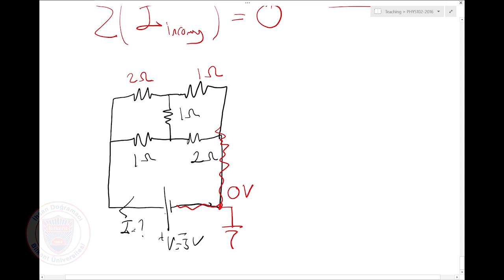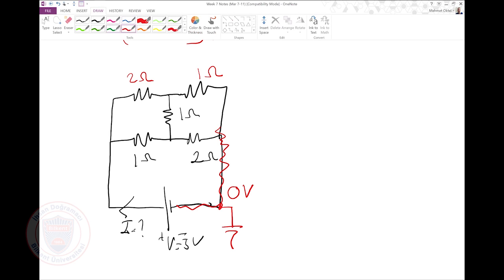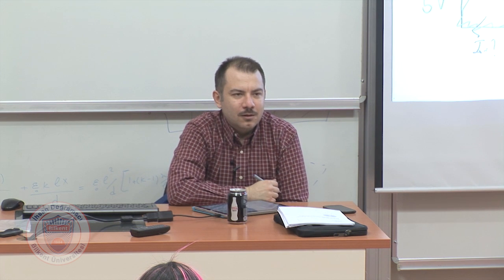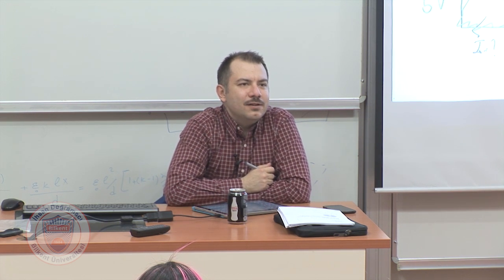Now, I have a battery here. So can you tell me what's the potential of the conductor here? Well, it's across the battery, so it must be exactly 5 volts, right? What other nodes do I have in this problem?